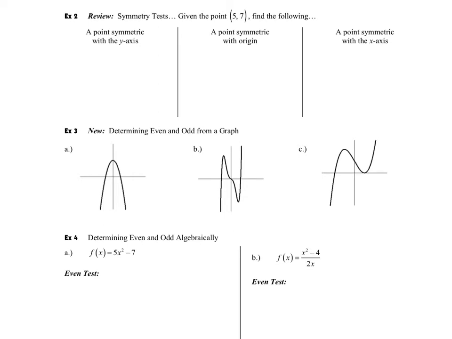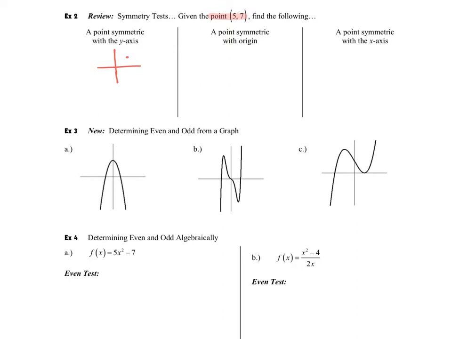If you are given a point, and in this case I've given you the point (5, 7), and you need to reflect it with the given symmetry, let's see where those points would land. The ordered pair (5, 7) would be in our first quadrant.